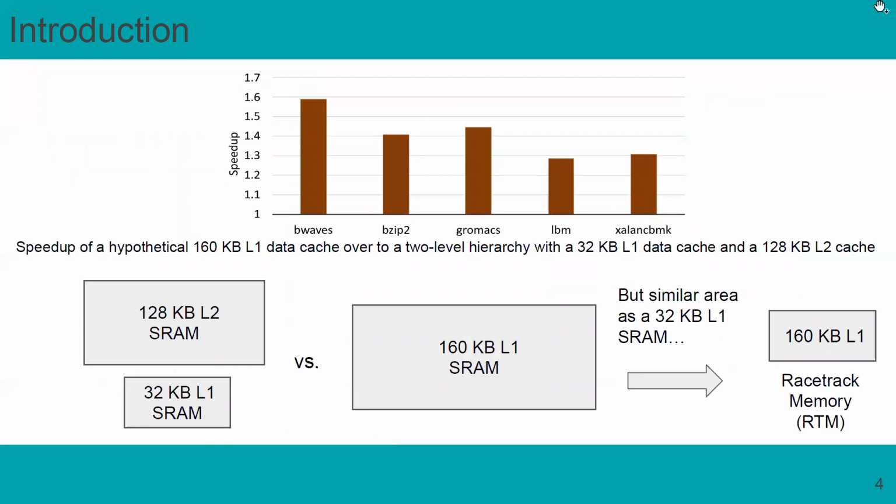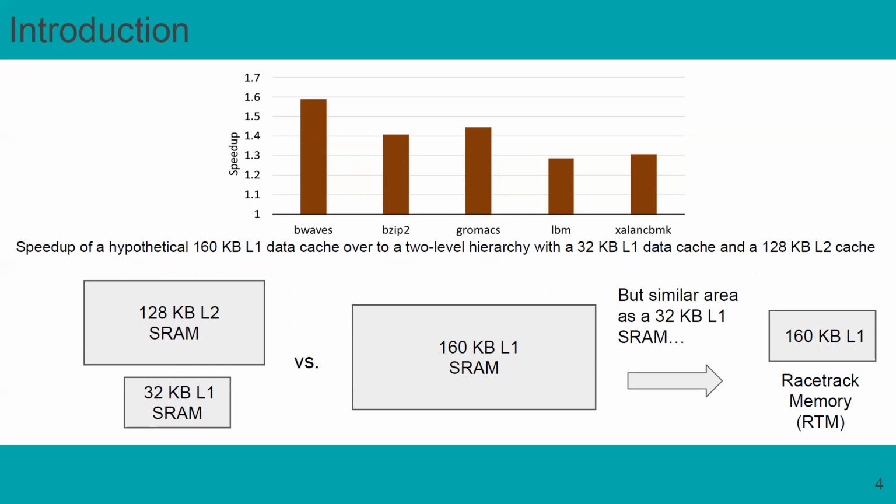As a motivation for this work, this figure shows the speedup of a hypothetical 160 kilobyte L1 data cache with respect to a two-level cache hierarchy consisting of a 32 kilobyte L1 data cache and a 128 kilobyte L2 cache. That is, 160K is the sum of the L1 and L2 capacities of the two-level cache hierarchy.